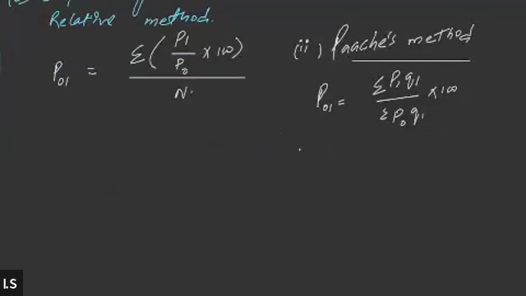After that, we have one more formula under the weighted aggregative method, the third formula, which is called Fisher's ideal method.